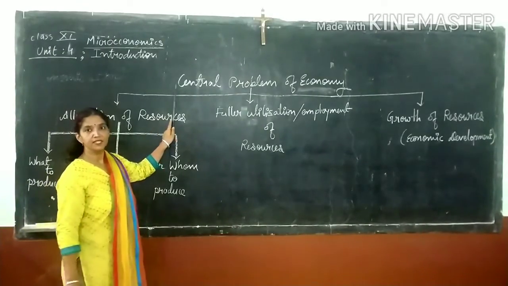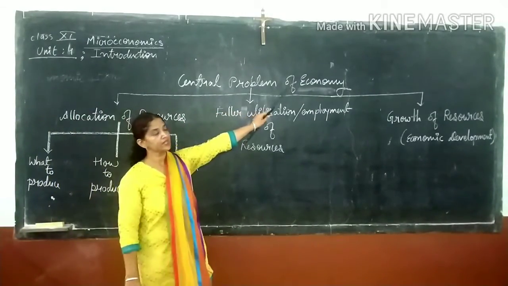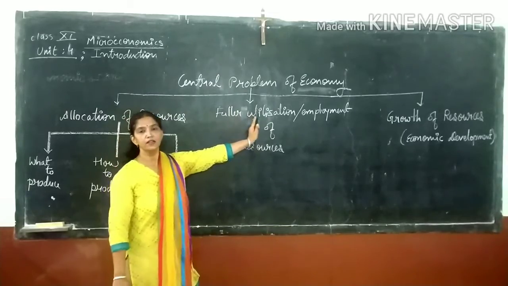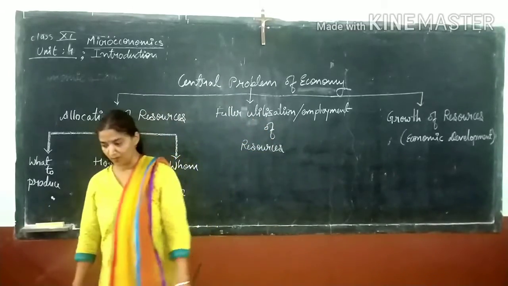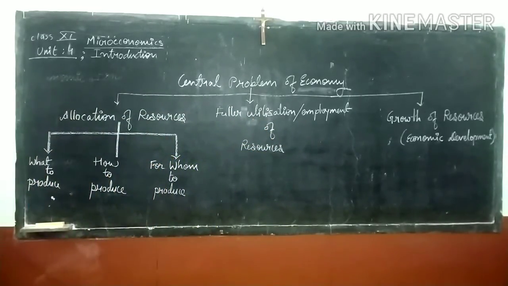Next topic is central problem of economy. Central problems of economy are also known as basic problems of the economy, and central problems arise out of the problem of choice making, choice making of utilization of resources, because resources are scarce and limited, and we have to use that limited resources to fulfill our unlimited wants.